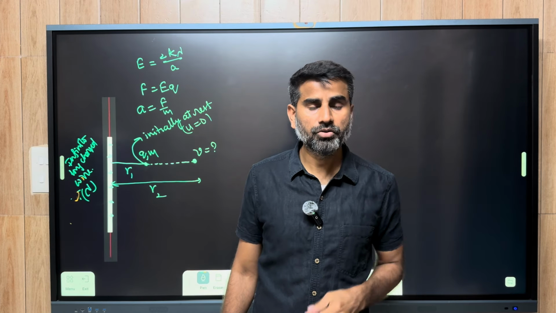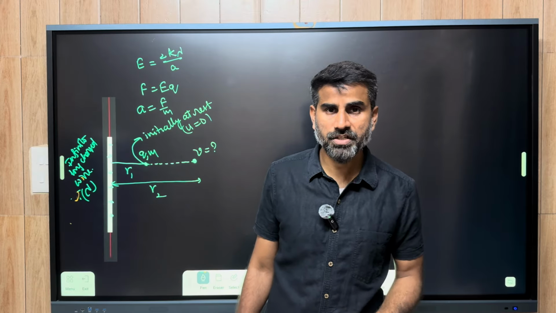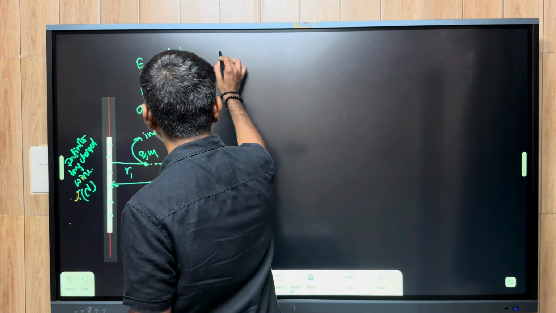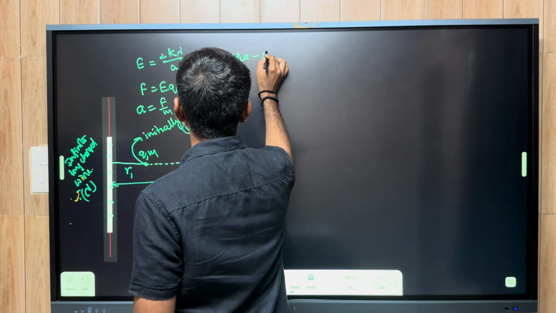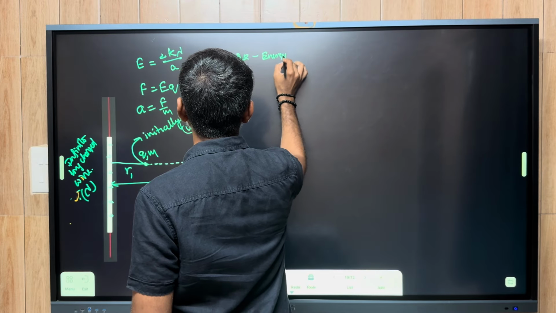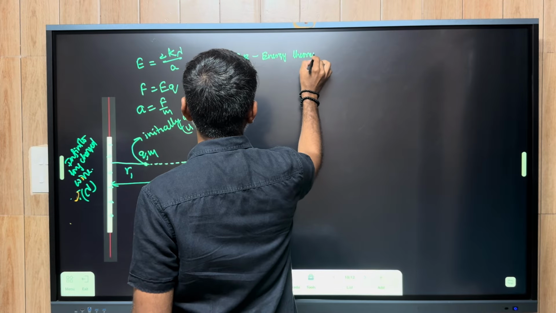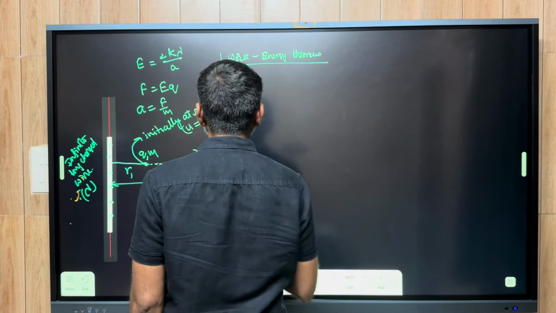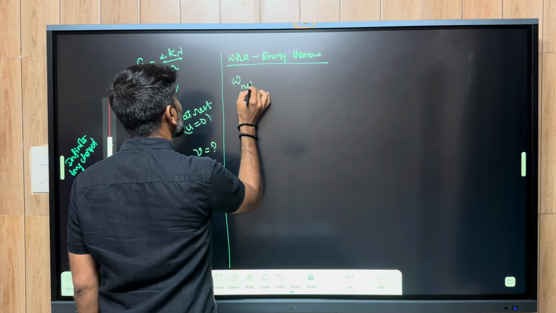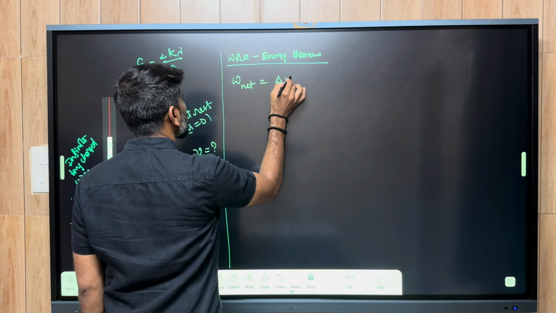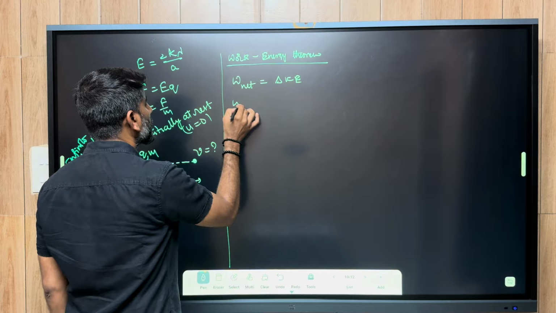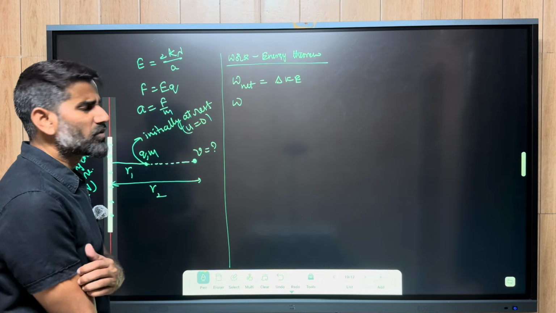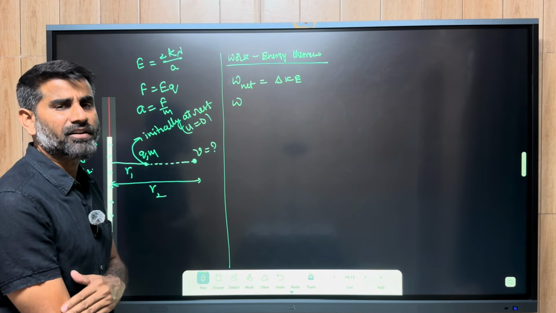So instead, I'm going to use the work energy theorem. What does the work energy theorem tell us? Work done by all forces, the net work, is equal to the change in kinetic energy. Work done by all forces, in the sense only one force is acting here.